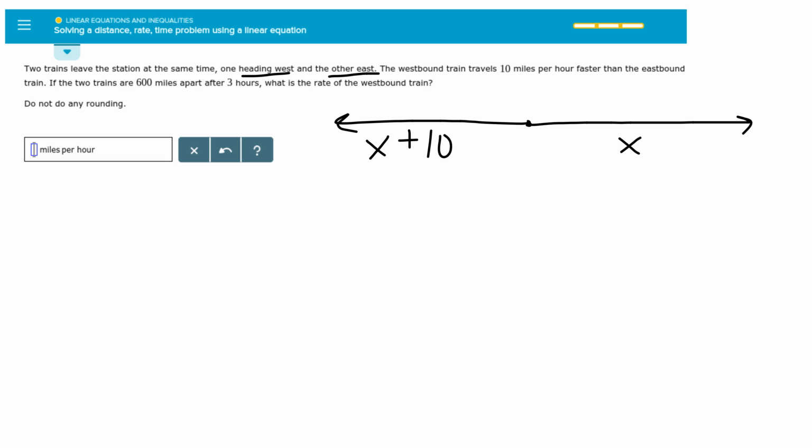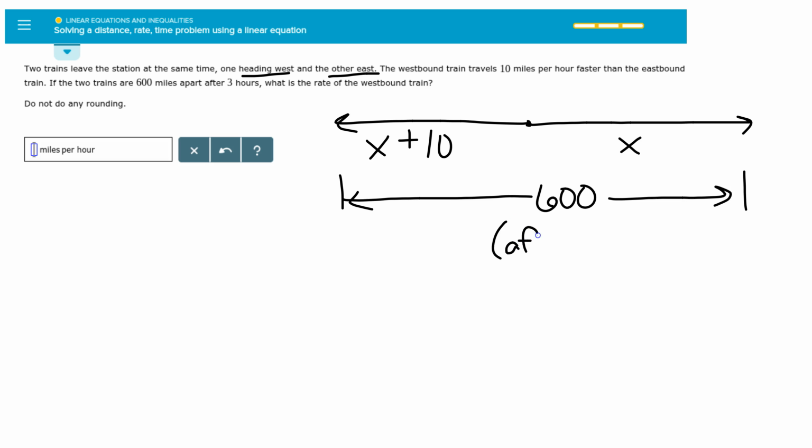If the two trains are 600 miles apart after 3 hours, what is the rate of the westbound train?